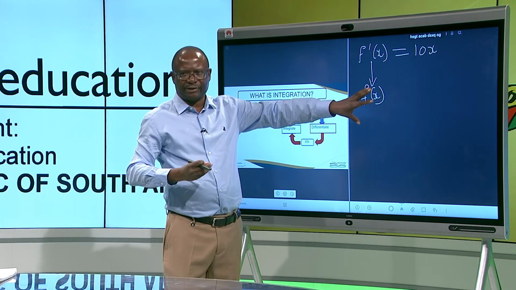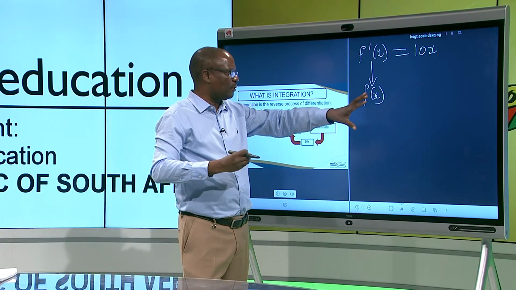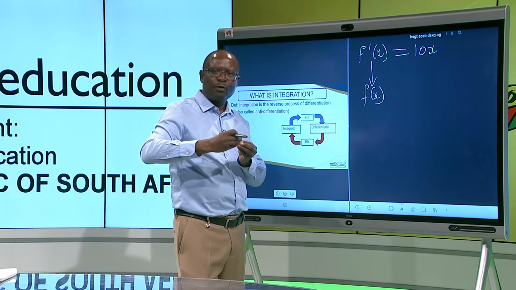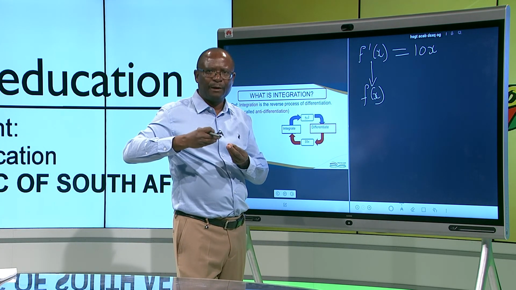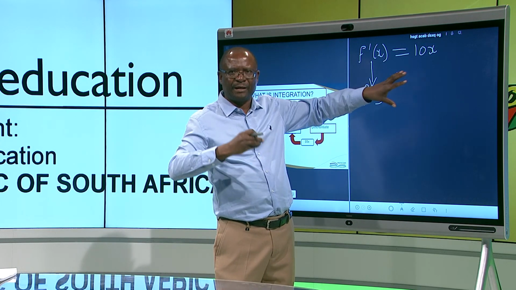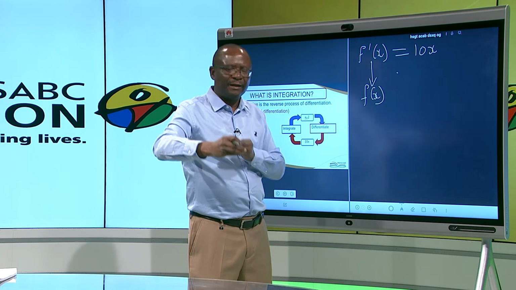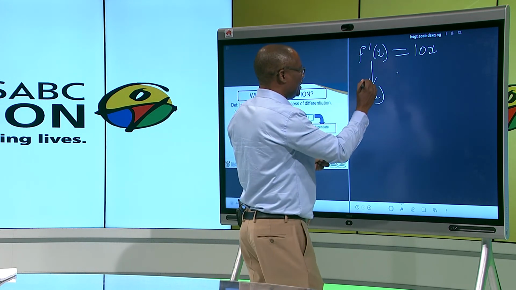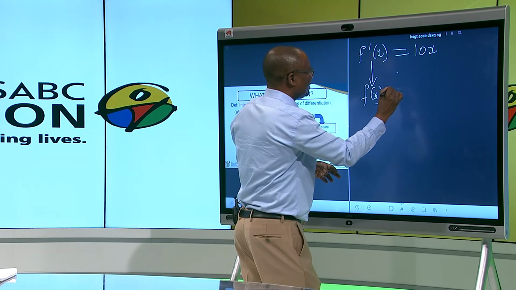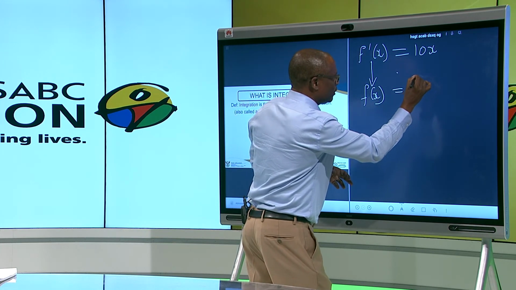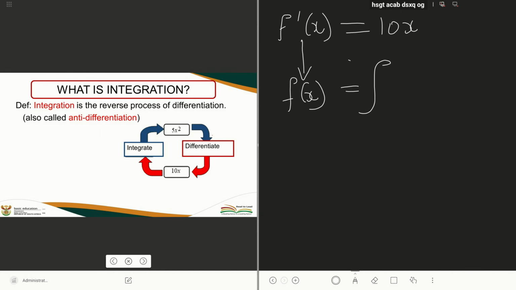In the process of differentiation, we subtract. But when we deal with integration, we add. Basically, we can now say f of x will be equal to the integral of 10x, and then we also add the constant of integration.